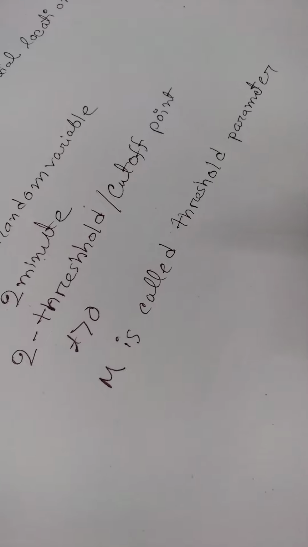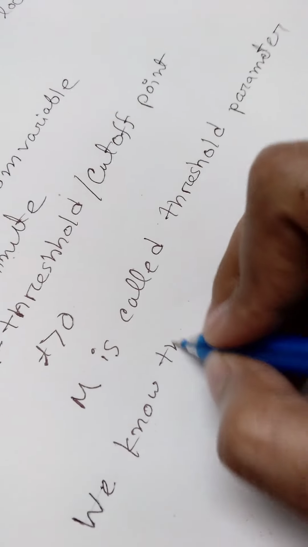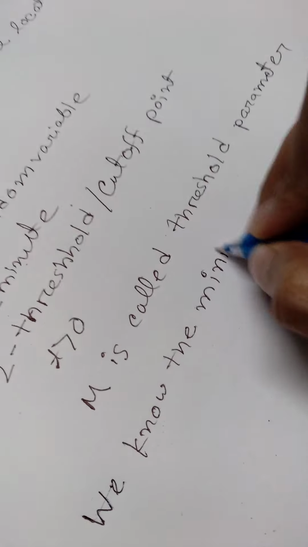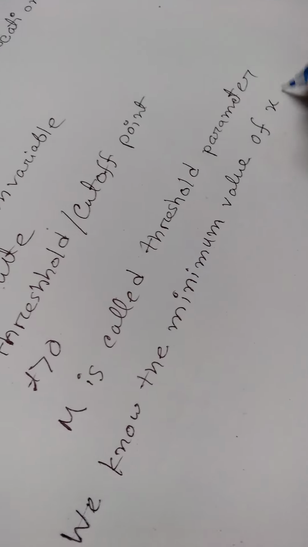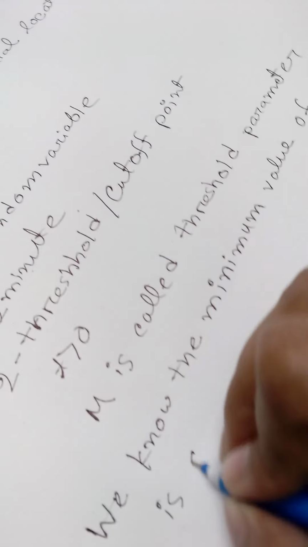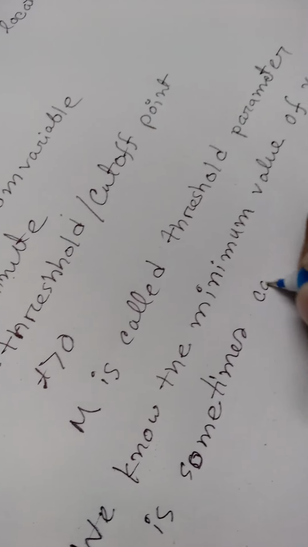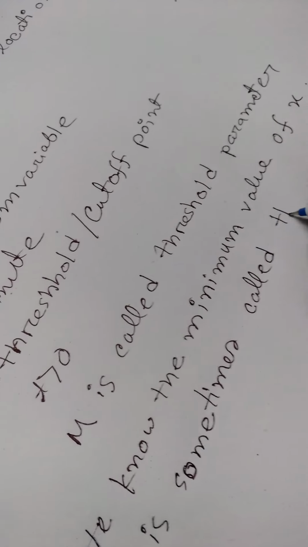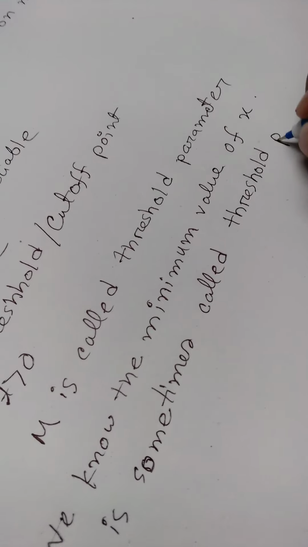Assume a situation when we have many random variables x and we know the minimum value of x. For those kinds of situations mu is sometimes called the threshold parameter.